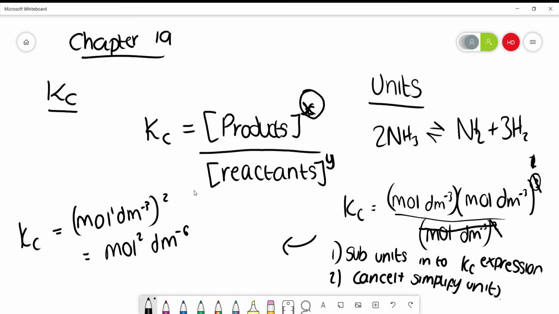So x and y here are the stoichiometric ratios from the symbol equation. Cool. We can now move on.